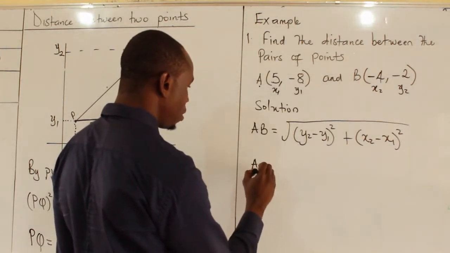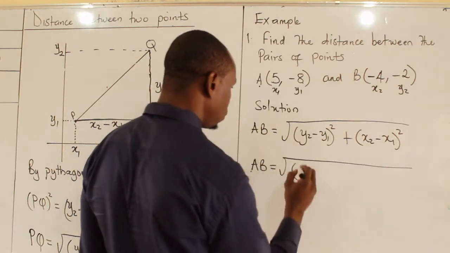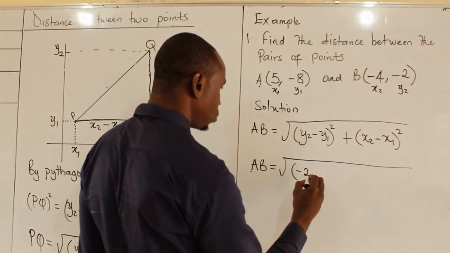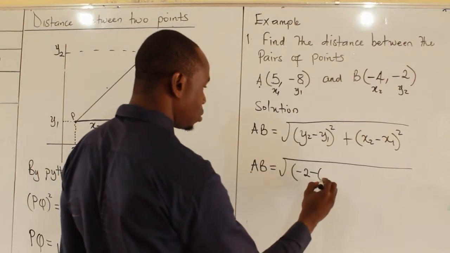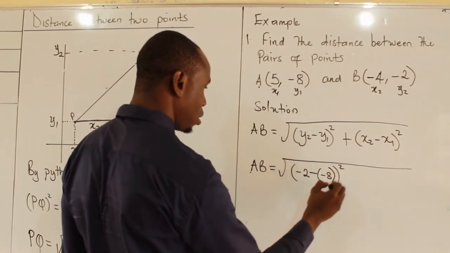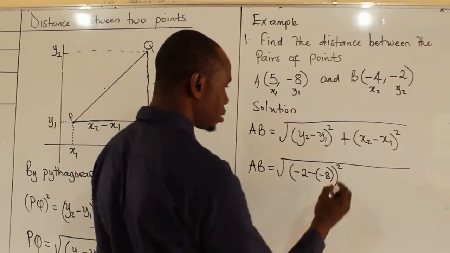I have AB to be equal to square root of y2, from here is minus 2, minus y1 is minus 8, so it has its own minus sign, so I put it in a separate bracket to separate the minus signs.